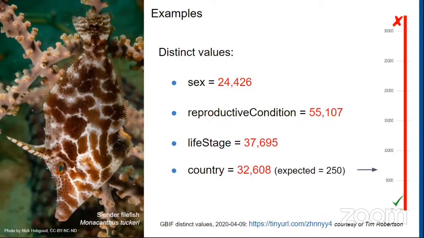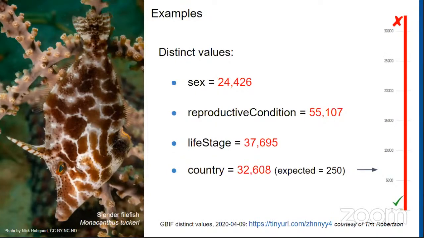The first example is for the field sex. And the numbers that are shown on the screen are the numbers of distinct values that we find in GBIF. So this means that we don't only find male and female and hermaphrodite, but we find over 20,000 different values in that field.